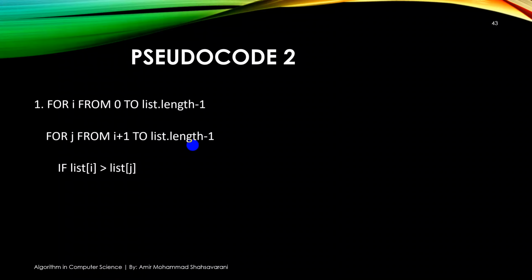If list[i] is greater than list[j], then swap list[i] and list[j]. Then make j further, or whatever would be in your mind. Then return our list.